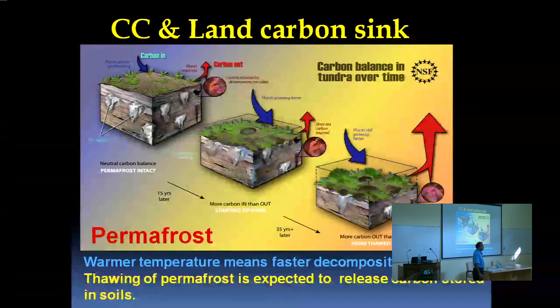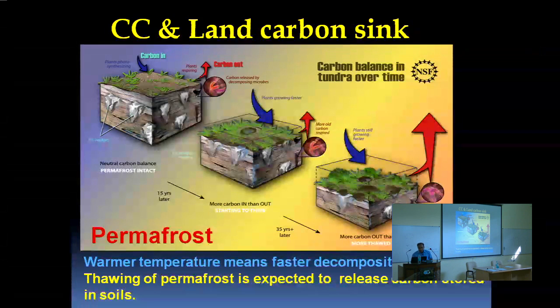So, as climate warming proceeds, what's going to happen is that in some of these regions the temperature is going to be suitable for decomposition. In fact, 10 years back, this was created as a real big scare. Still today, it is a valid feedback that's ready to happen. That is, there is a lot of soil in the polar region that contains organic matter, and if global warming proceeds at a faster rate, this is additional carbon you are putting into the atmosphere. So this will really accelerate climate change.